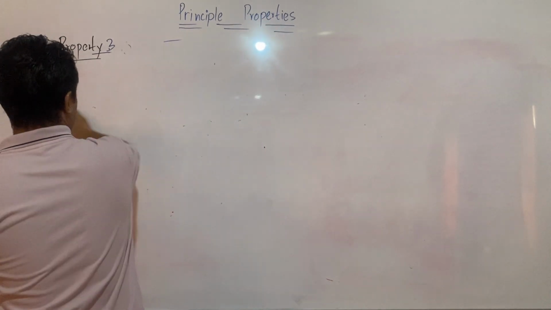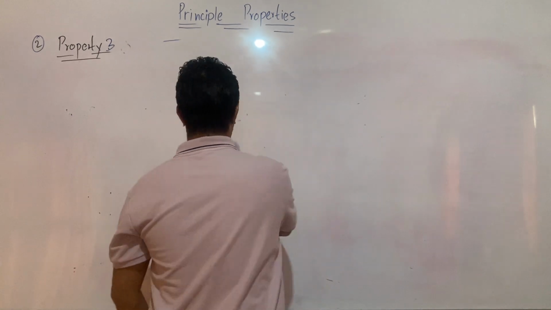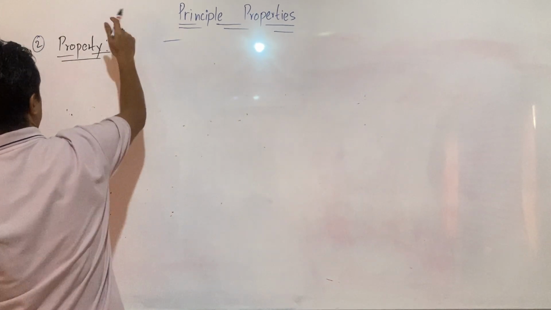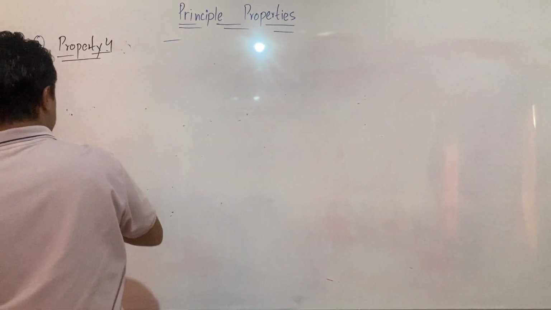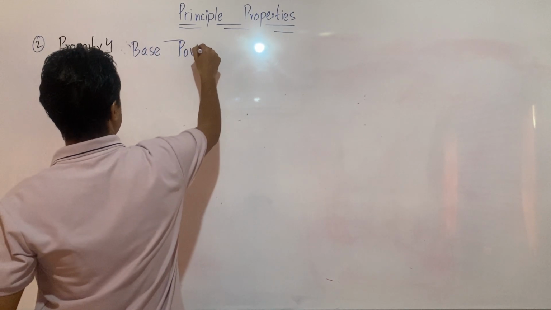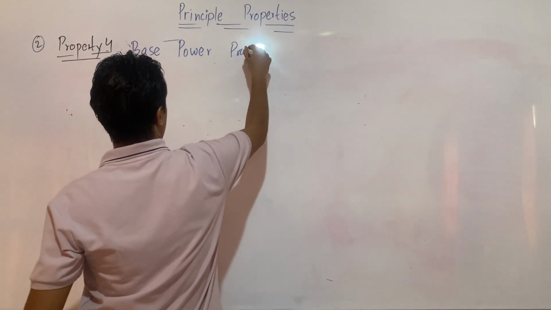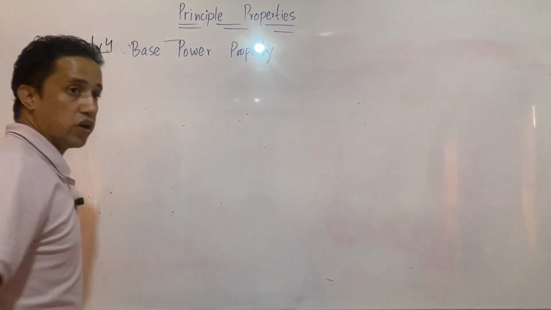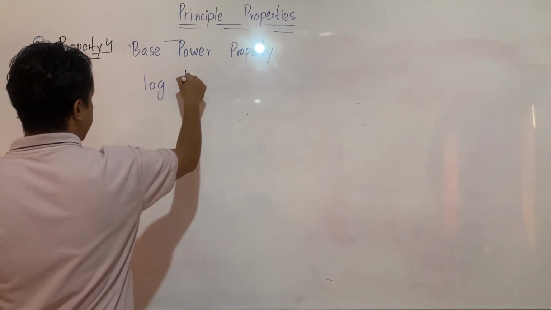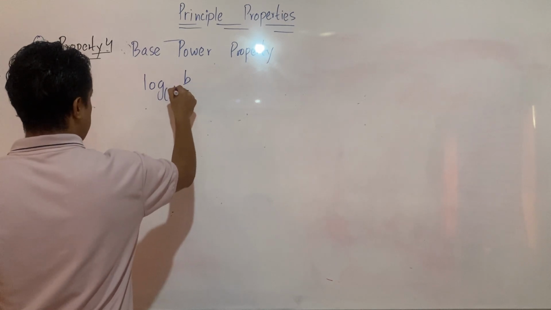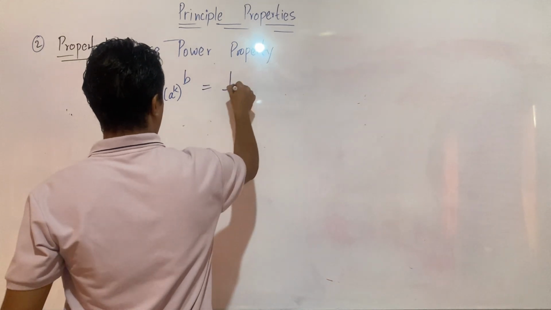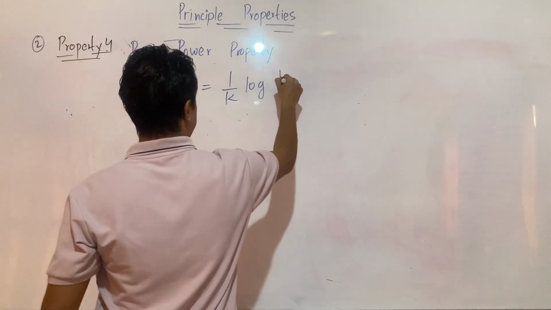The last one is our base power property. Property number 4 is going to be the base power property, or base power rule. And what does it say? It says that log of b to the base a raised to the power k is going to be 1 by k log b to the base a.